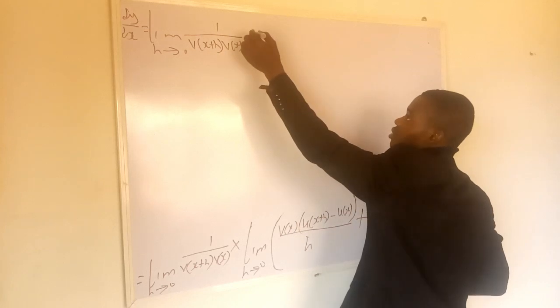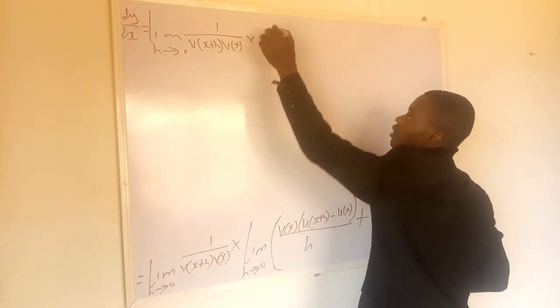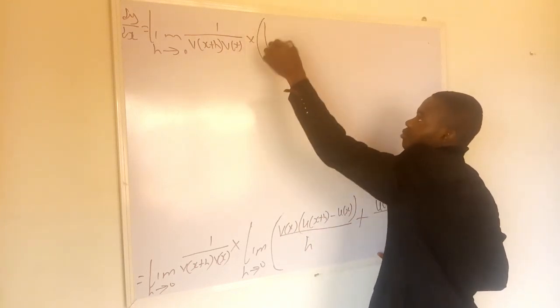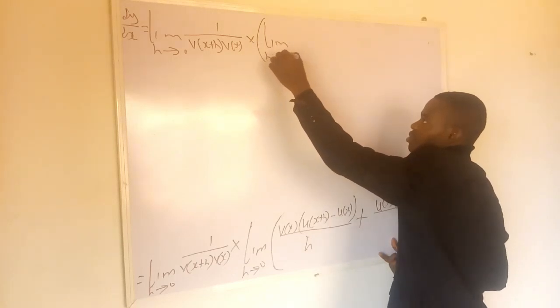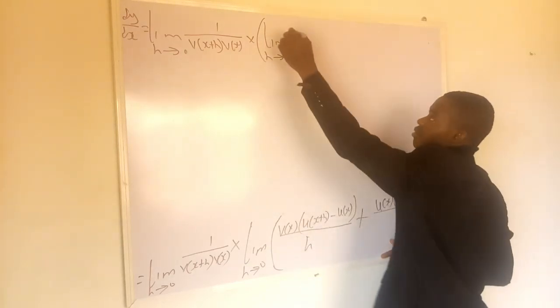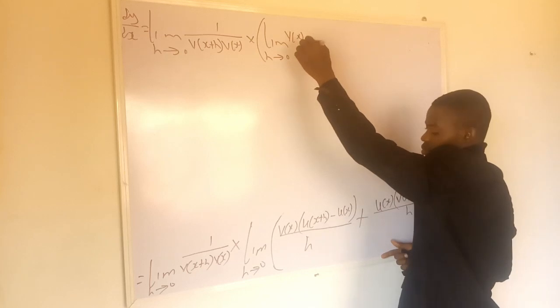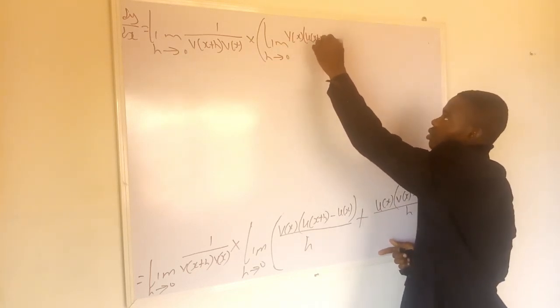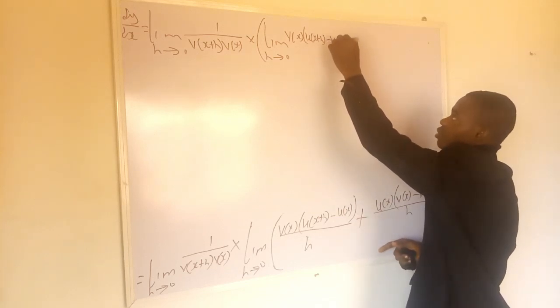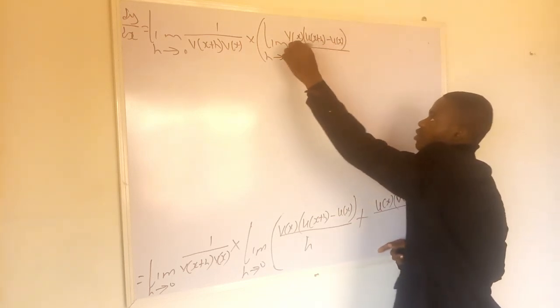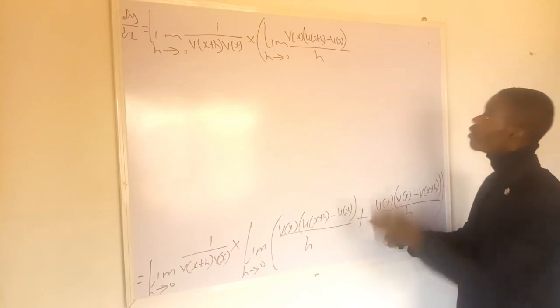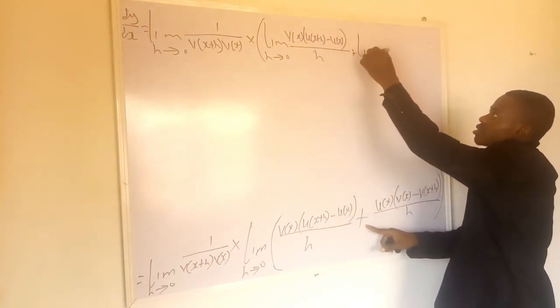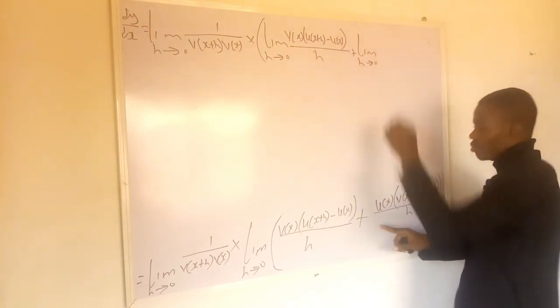Then I have the limit, the bracket is still there, times the limit as h approaches 0 of v of x multiplied by the bracket u of x plus h, then minus u of x, and the big bracket closed, all divided by h, then plus the limit as h approaches 0.